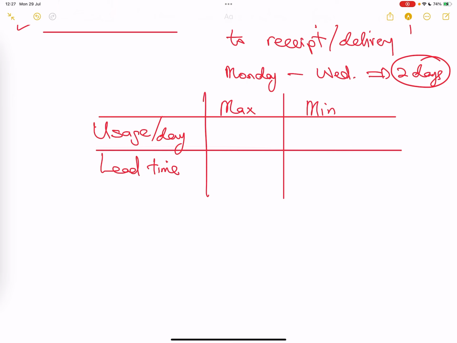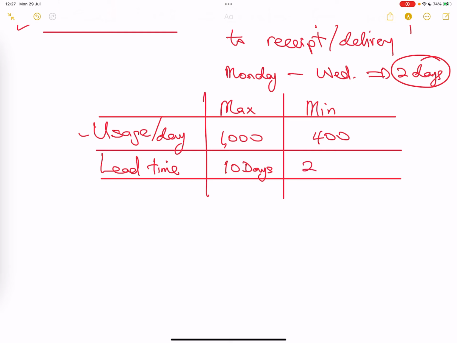The maximum usage every day is 1,000, and the minimum usage in any one day is 400. The maximum lead time since this company has been ordering is 10 days, which means it has never taken longer than 10 days to receive an order from the day it is placed. And the shortest, which is the minimum that has ever happened, is 2 days.